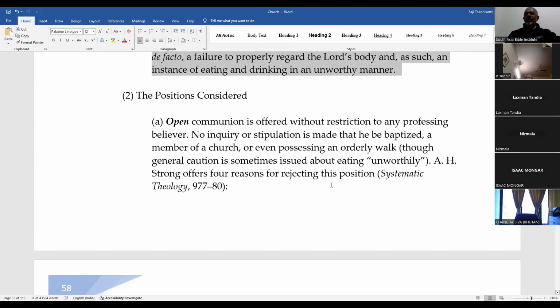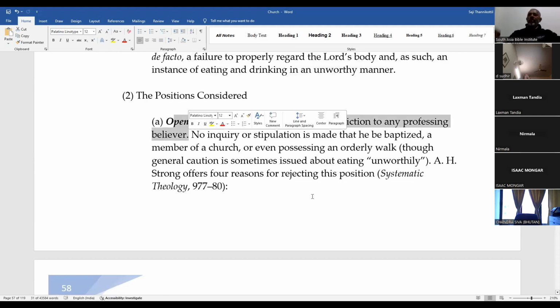Positions considered. All right, how should we analyze open communion? Communion is given to anyone. Open communion is offered without restriction to any professing believer. Anyone who claims to be a believer can participate.